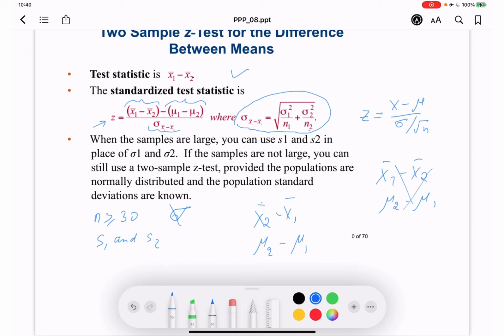We use this formula when sigma is known, meaning the standard deviation of the population is known. You can take notes about this, it is important. But if the sample size is equal to or greater than 30, and sigma is not known, then we use the substitute, which is the sample standard deviation, S1 and S2.